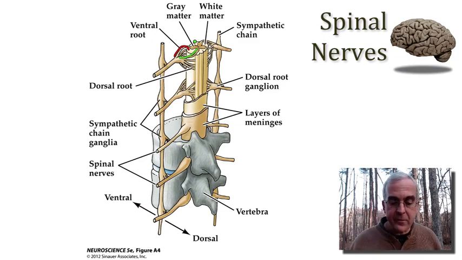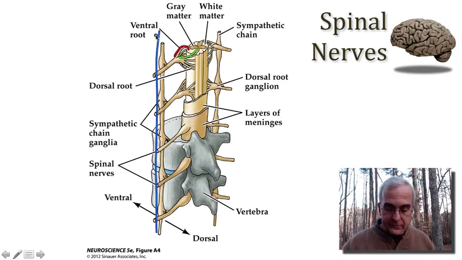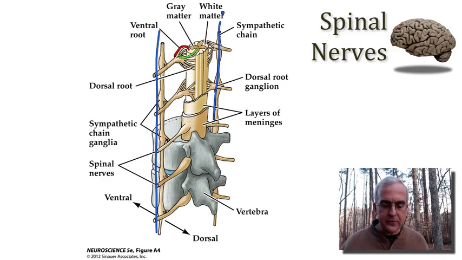Now we also have something called the sympathetic chain, which is a chain of ganglia that runs in the long axis, or the superior to inferior axis of the spinal cord on either side. And we'll talk about this when we get into a discussion of the autonomic nervous system.